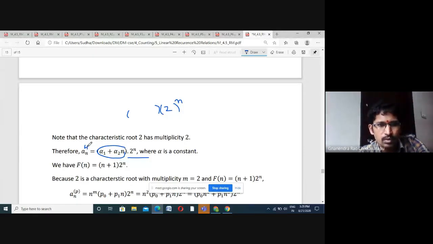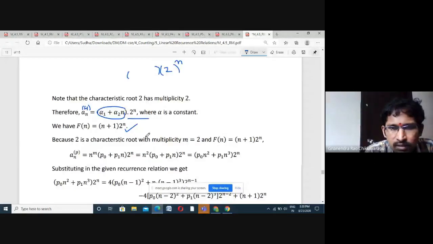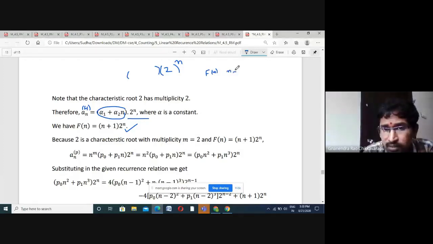Now have a look at f of n. All of you please concentrate on what I am saying. If f of n is n plus 1, what you need to take, n plus 1 or n whatever it may be, and this is of the form 2 power n, what you need to take.